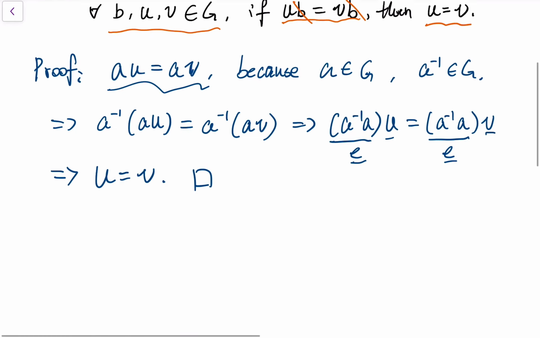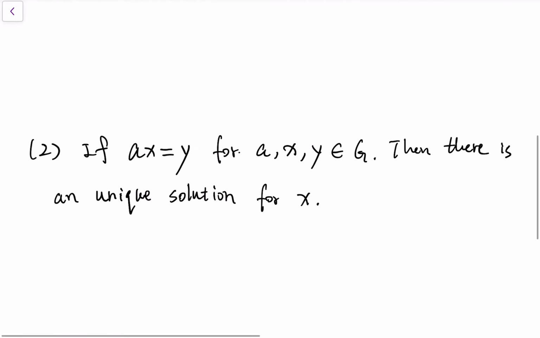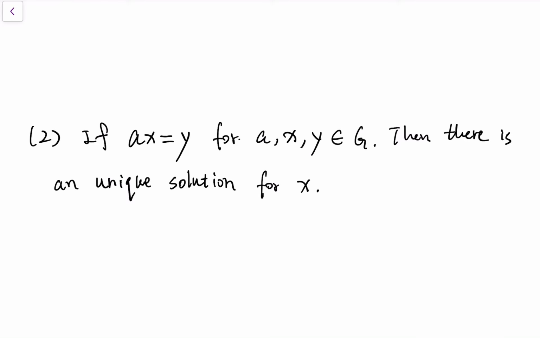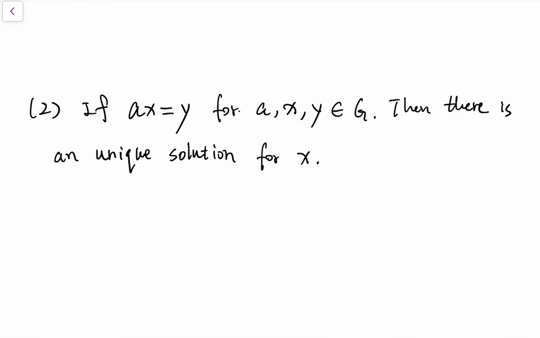Another thing is the unique solution for linear equations in groups. That has a similar idea as the cancellation law. The property is like this: if we have an equation ax equals y, for some a, x, and y in a group G, this is just a linear equation.